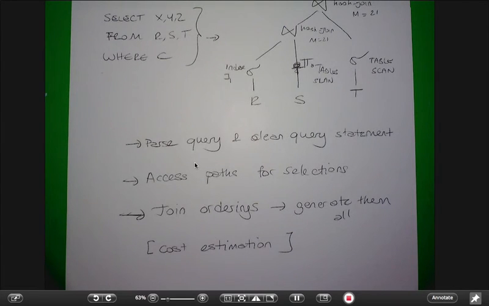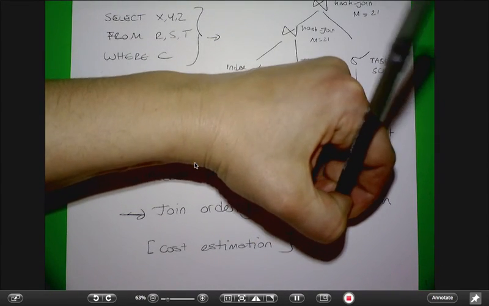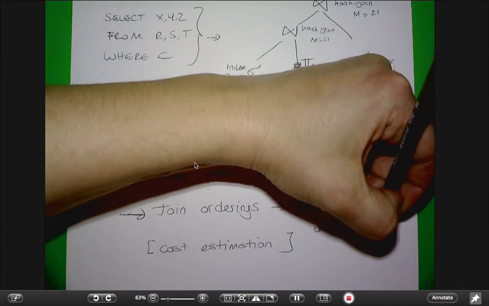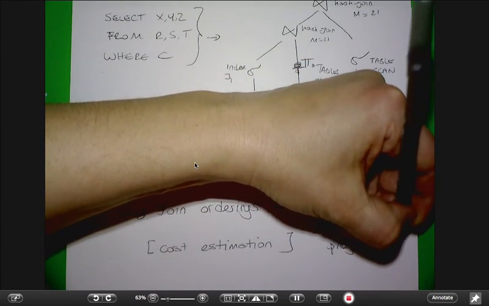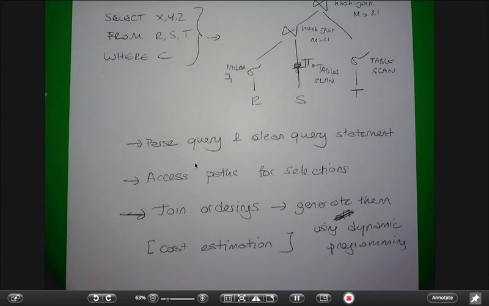And then sometimes when you do cost estimation, you will see that some orderings are outrageous. You don't even need to consider them, so you will remove them altogether. We will use dynamic programming for this one. You see, all your programming classes are becoming useful here.